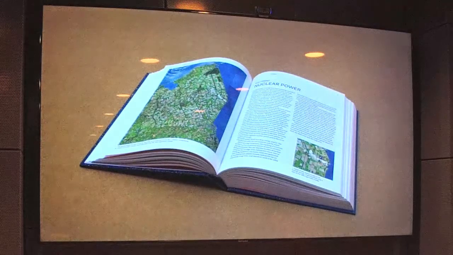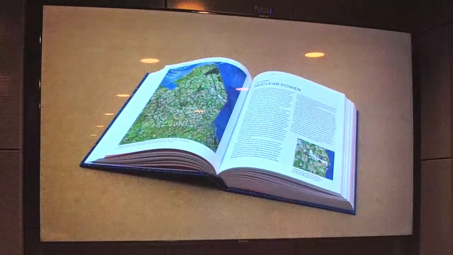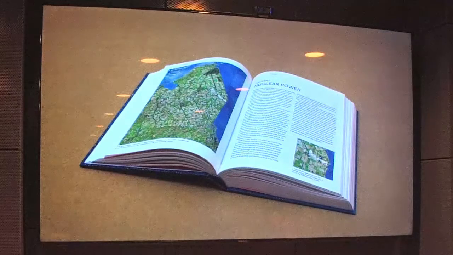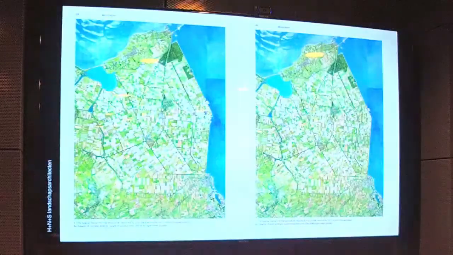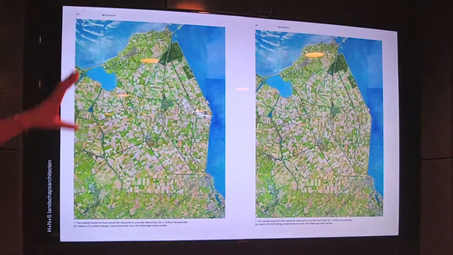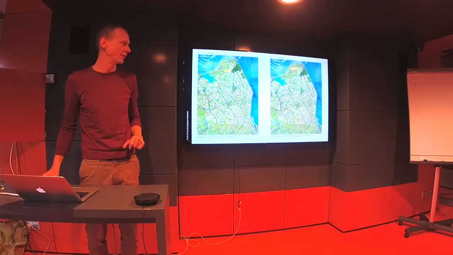It's about the energy transition in the Netherlands, or the energy transition that we need in the world, basically. And he wanted to investigate what effect that would have on the landscape. So he took this particular polder in the north of the Netherlands and said, what if we use this piece of land to generate energy for 1 million households? What effect would it have on the landscape?